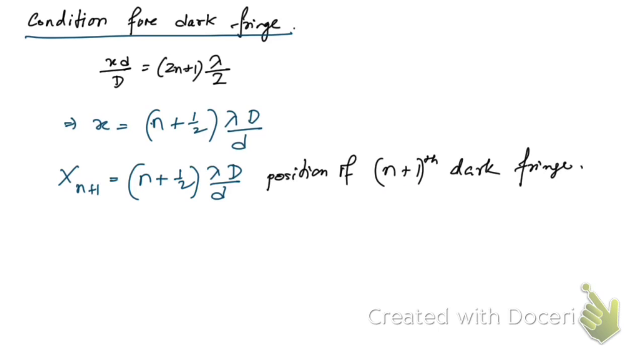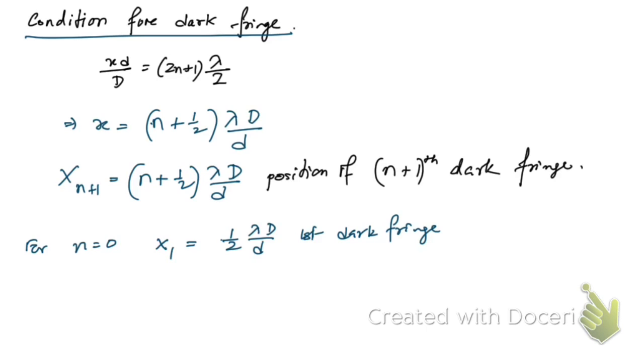Let me explain. Now you see, when you put n equal to 0, then you're going to have x1, that's going to be equal to just half lambda capital D by small d. This is the first dark fringe, the position of the first dark fringe.